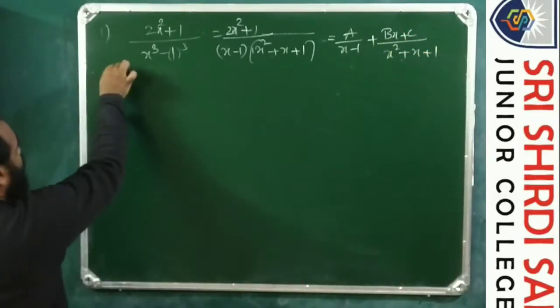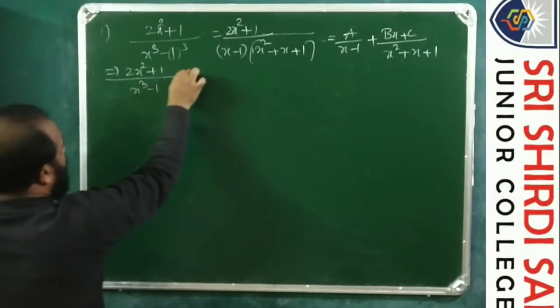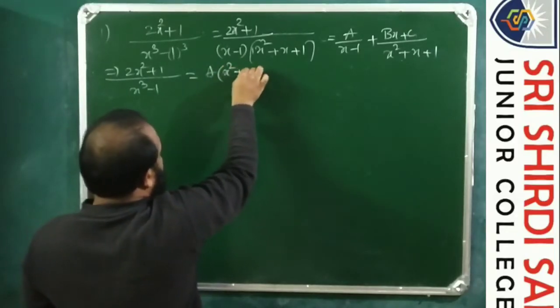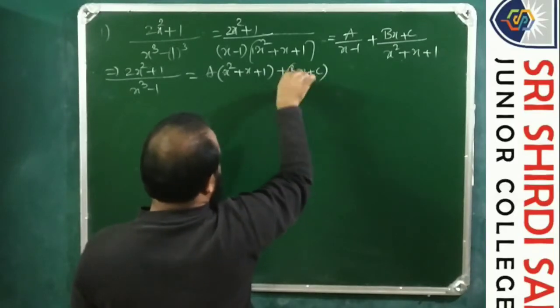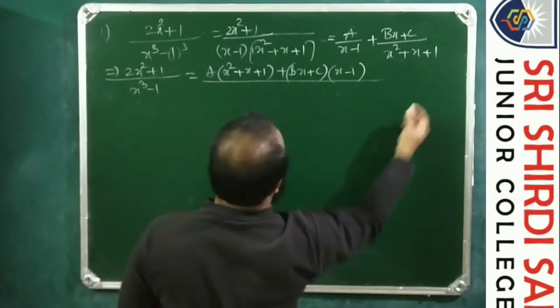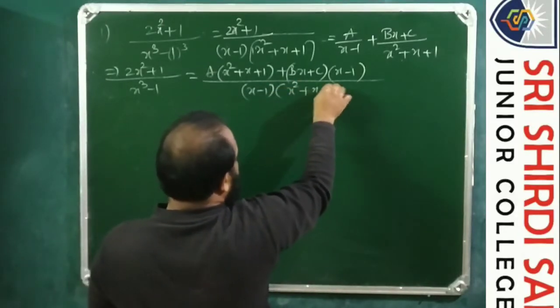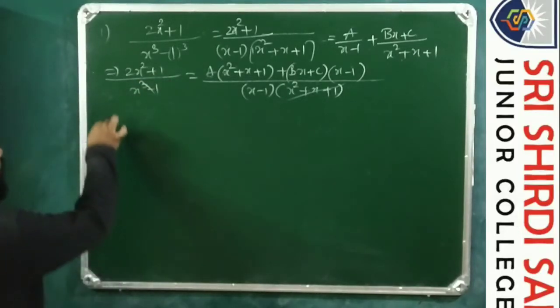So 2x square plus 1 by x cube minus 1 is equal to A into (x square plus x plus 1) plus (Bx plus C) into (x minus 1), by (x minus 1) into (x square plus x plus 1). These two get cancelled on both sides.